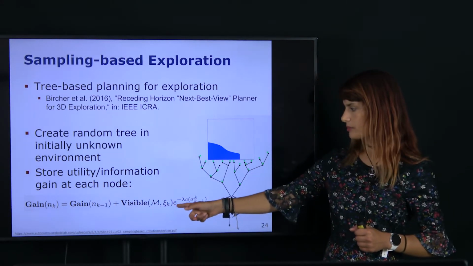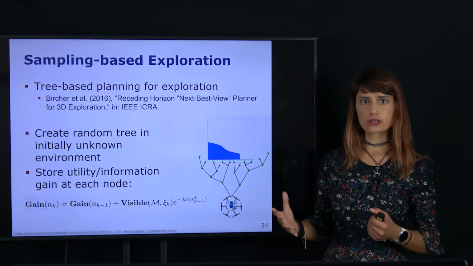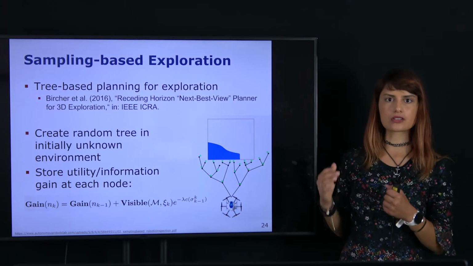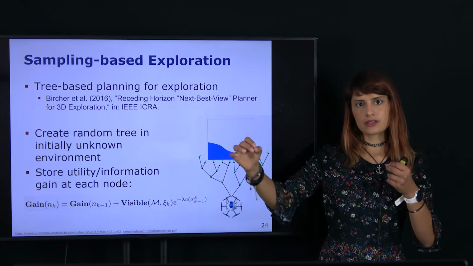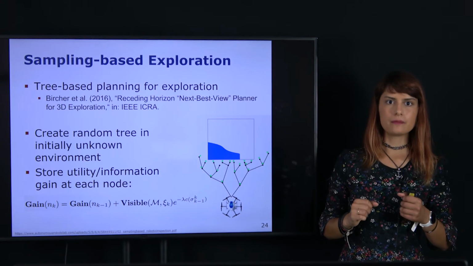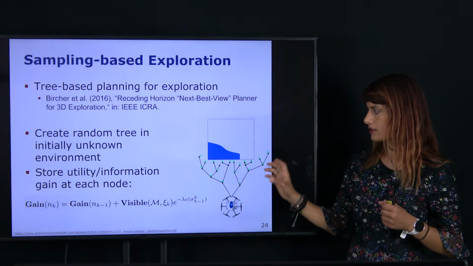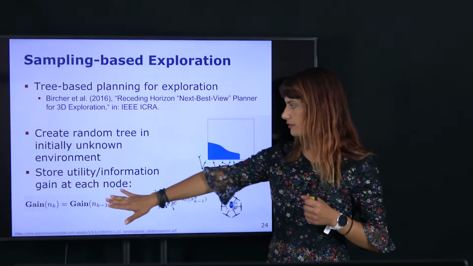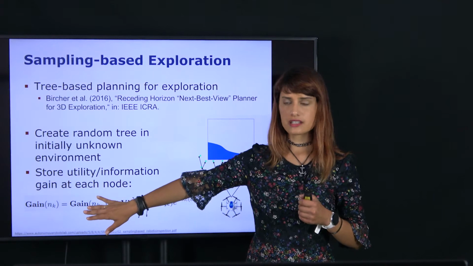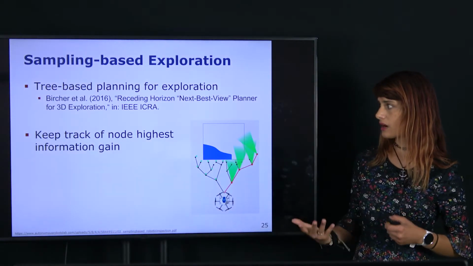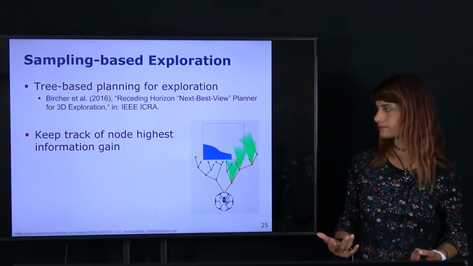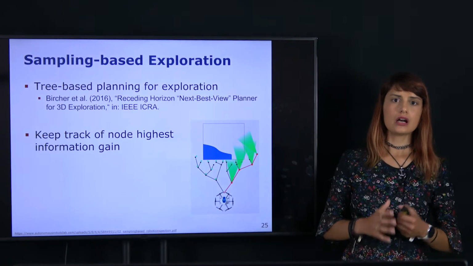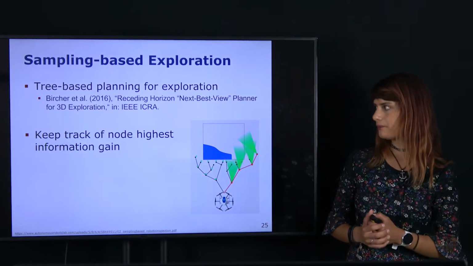Then if we know the visibility associated with that configuration, we can scale it by the distance that it took to get there from the parent node. So the distance of that path segment from the candidate node to the parent node. And this allows us to manage different lengths of the tree. So for each node in the tree, we store this information and we keep track of the node with the highest information gain. So this is the node that leads to the most exploratory behavior adjusted for the cost.